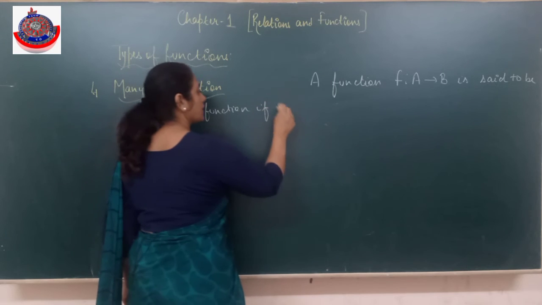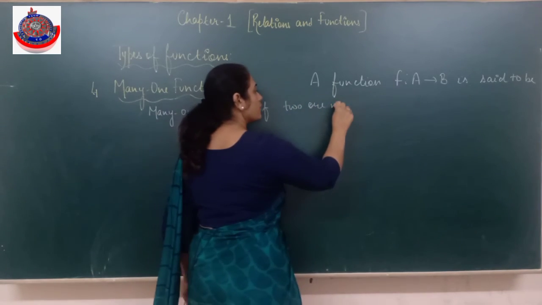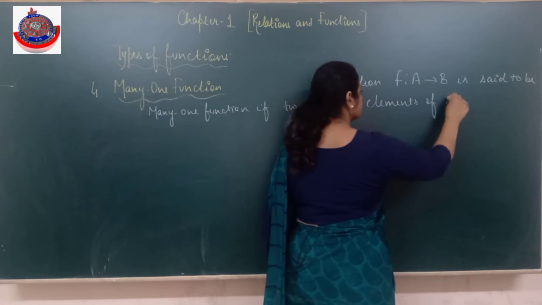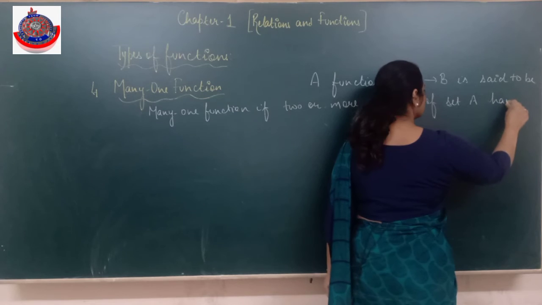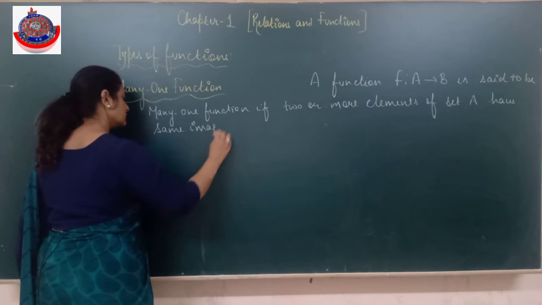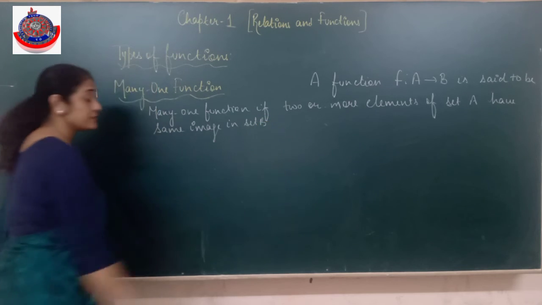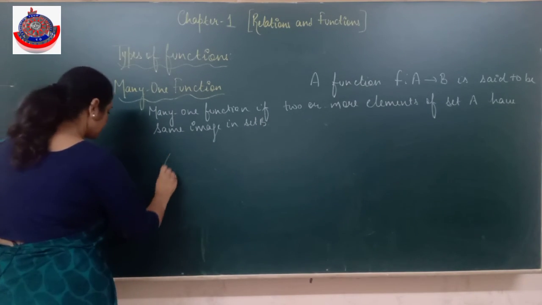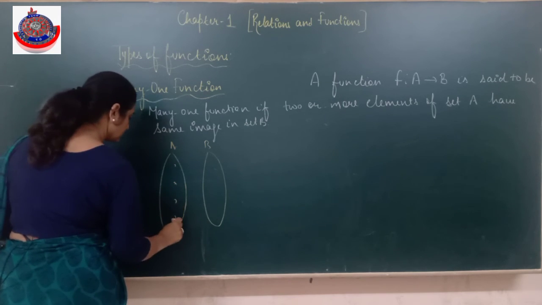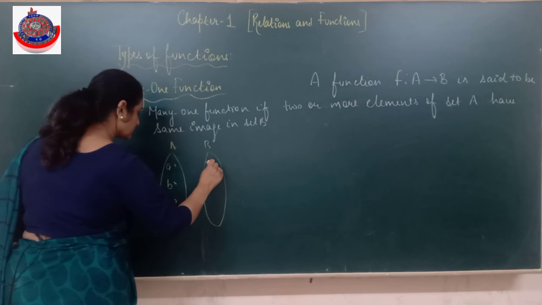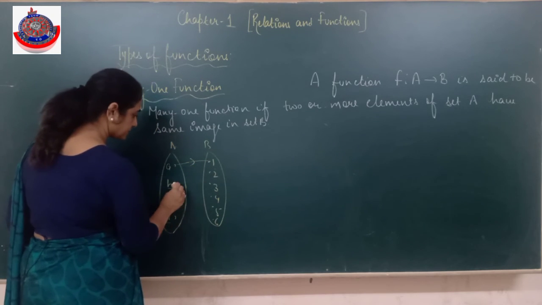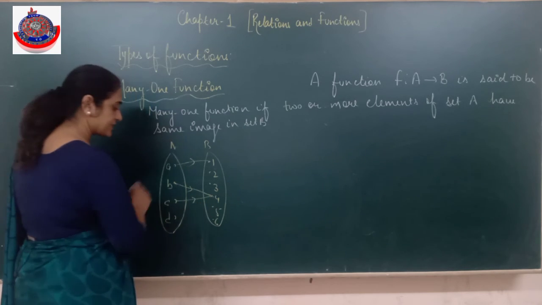A function is said to be many-one if two or more elements of set A have the same image in set B. Like, this element has this answer, this element also has this answer.